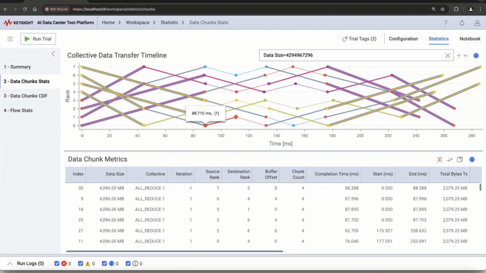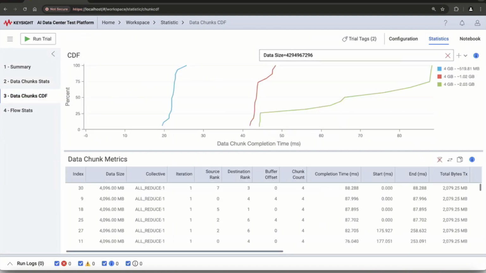In my first step, I'm transmitting 2. In my next step, I'm transmitting 1. In my third step, I'm transmitting half. And straight away, my lines are not parallel, which is what I want to see. Not really great. I can look at my CDF and I can see long tail latencies.